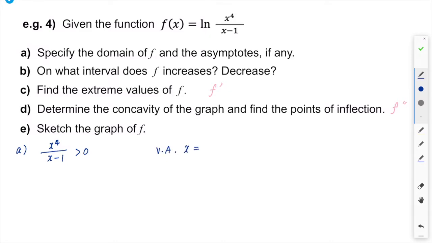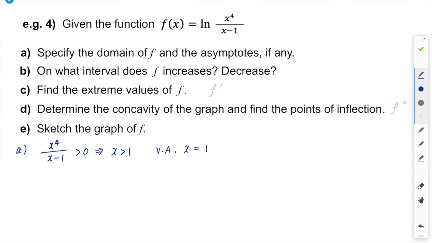And if any number that is less than 1 but greater than 0 is sub into the denominator, I will get a negative value, right? Which implies that the domain of this function is x that are greater than but not equal to 1.